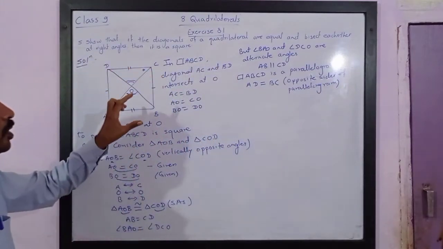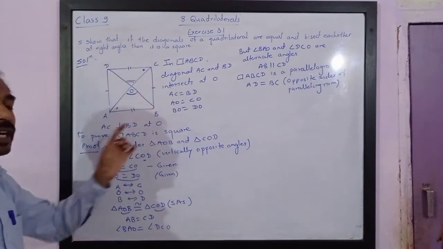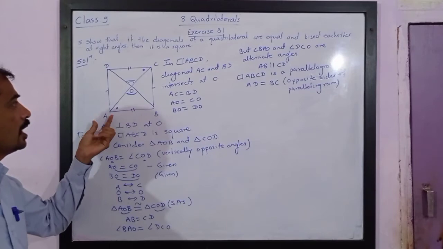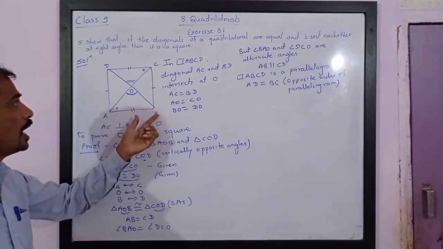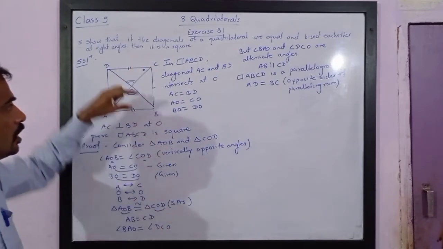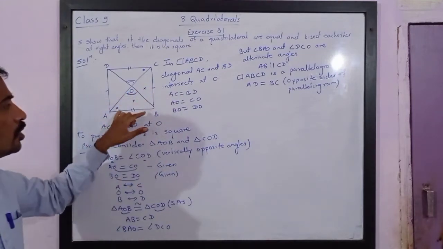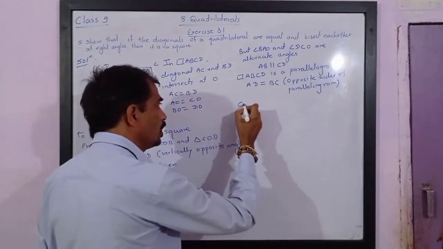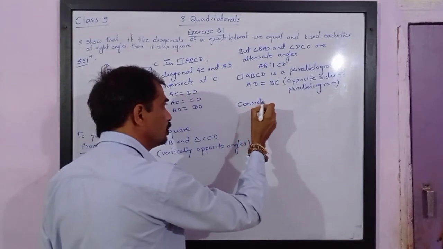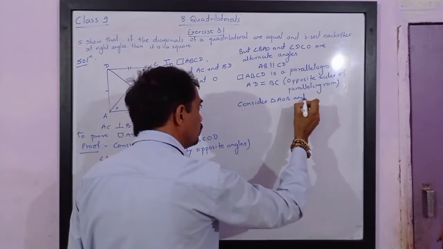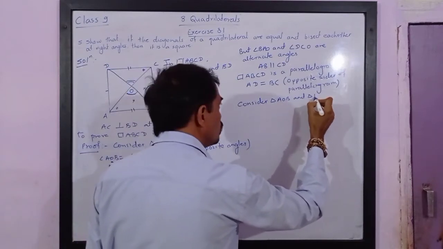Now I am going to prove that this quadrilateral ABCD is a rhombus. For this, I am considering triangle AOB and triangle BOC. These two triangles I am considering. So, see how it can be proved. Consider triangle AOB and triangle BOC.